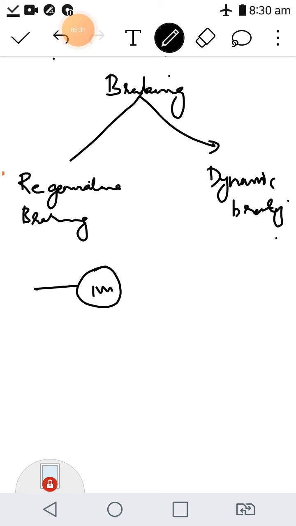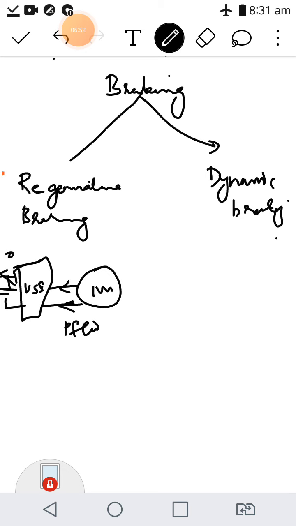There is an induction machine and a VSI, and the input to this VSI is a DC source. Regenerative braking means the power generated by the induction machine is fed back to this DC voltage source. It is fed back to the source, so it can be used for some useful applications. That's the meaning of regenerative braking.